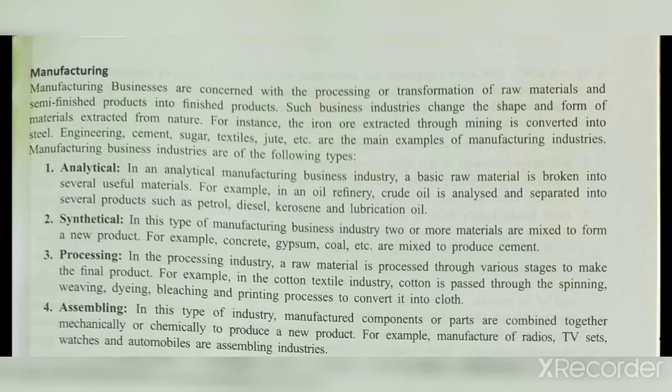You take the raw materials and convert them into the finished product. Finished product means an end user or a customer can use that product. Converting from raw material to a useful product is manufacturing.